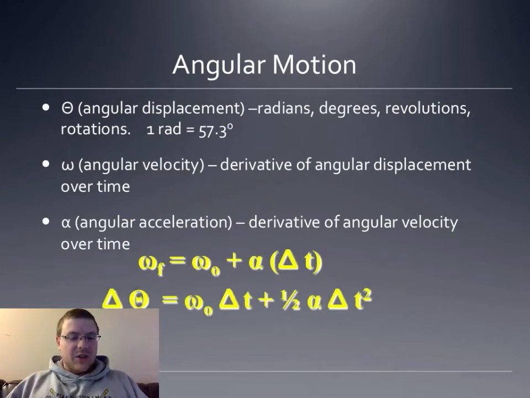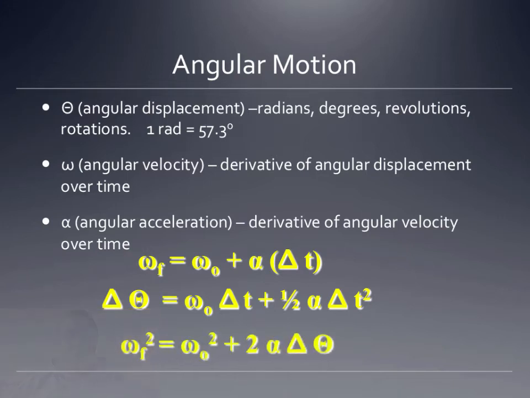We can have our change in displacement, our change in theta, be omega t plus 1/2 alpha t squared. And we can go one step further and say that our final omega squared equals our initial omega squared plus 2 alpha times theta. So all three of our kinematics equations are back in play.